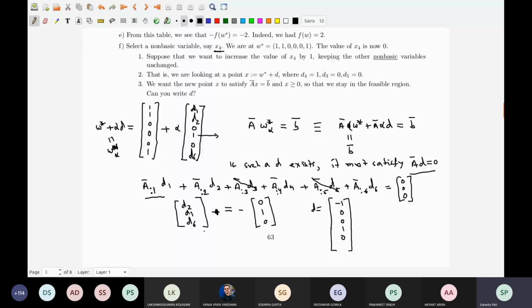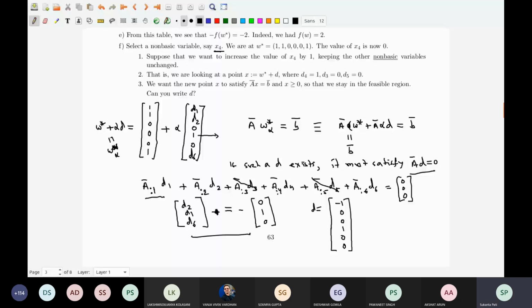So the fourth column, since I chose X4, that non-basic variable X4 is giving me this direction to move out.